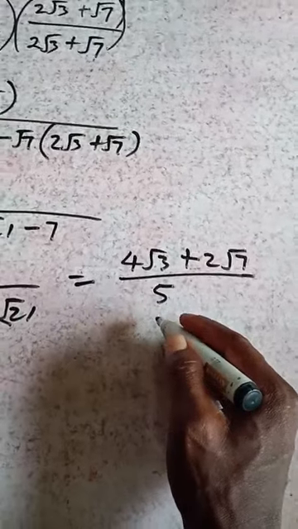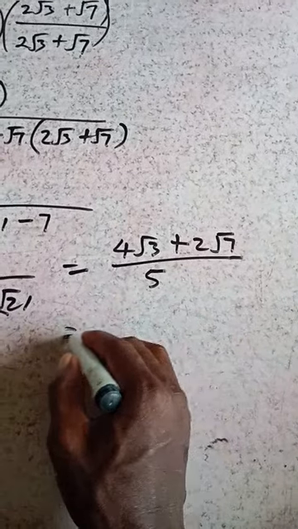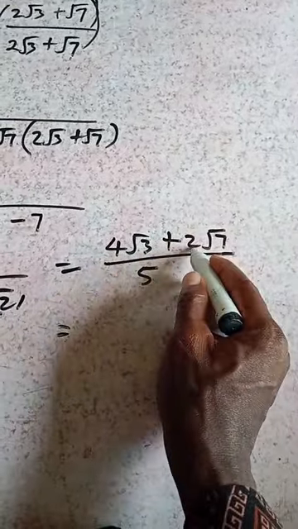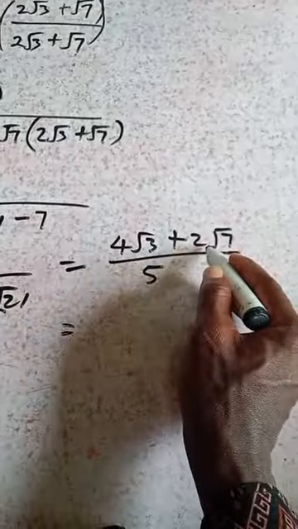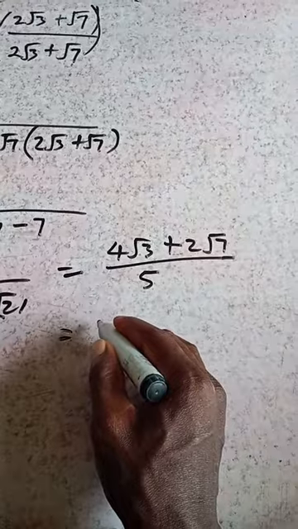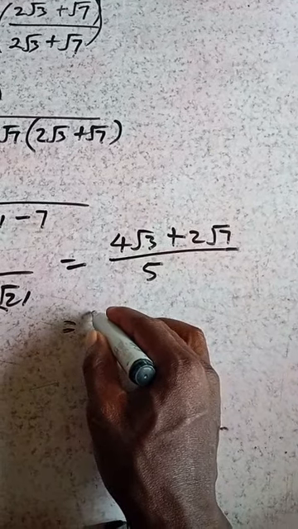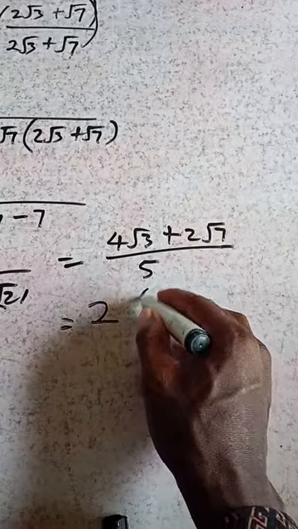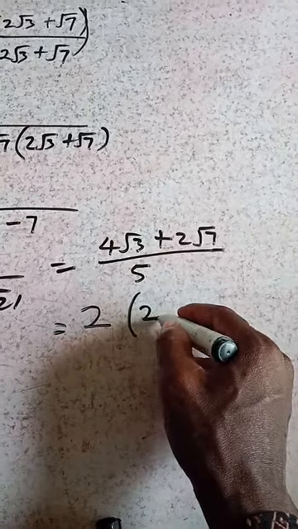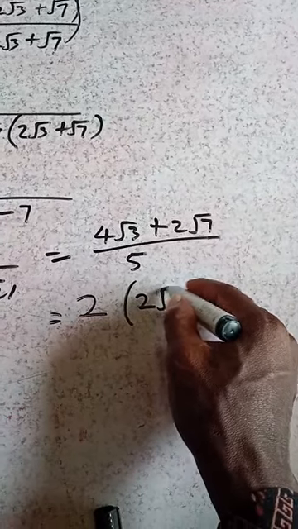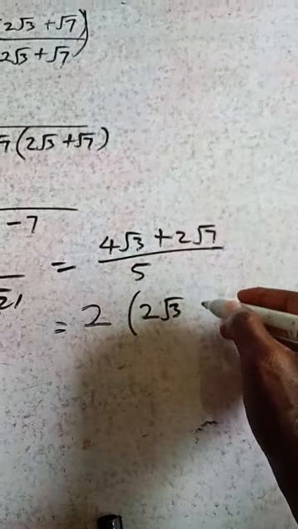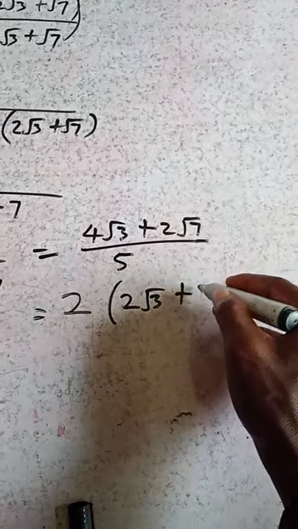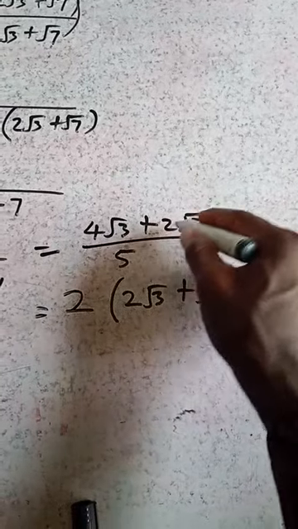Alright, so the next thing is, there's a common factor between these two terms. The common factor there is 2. If 2 is common there, 2 multiplied by 2 root 3 is going to give us this, and 2 multiplied by just root 7 is going to give us this.